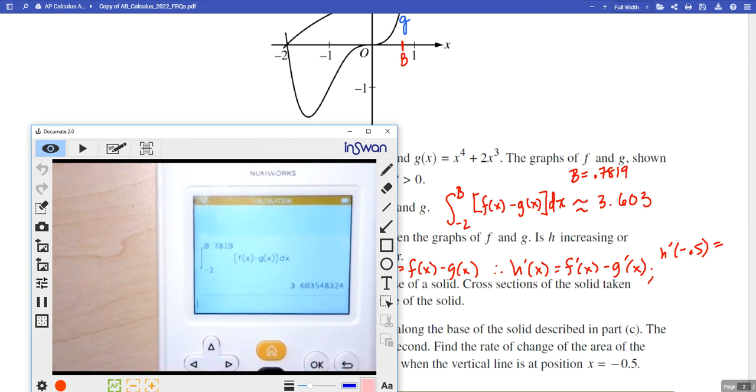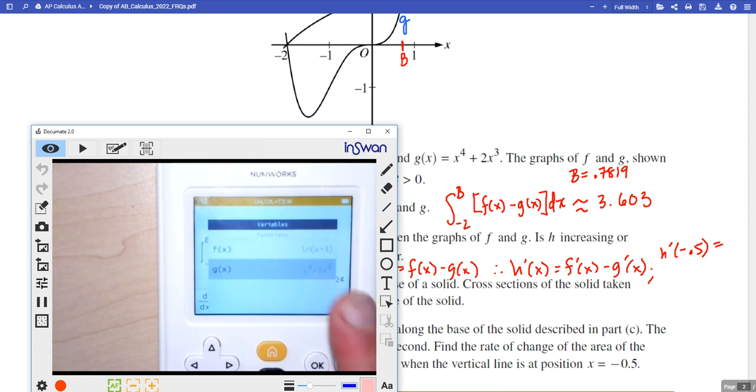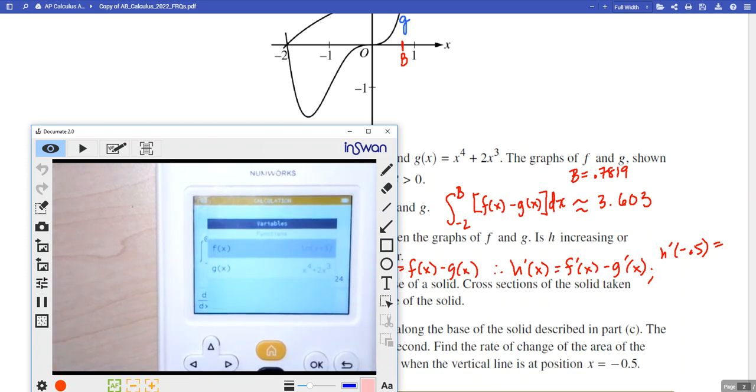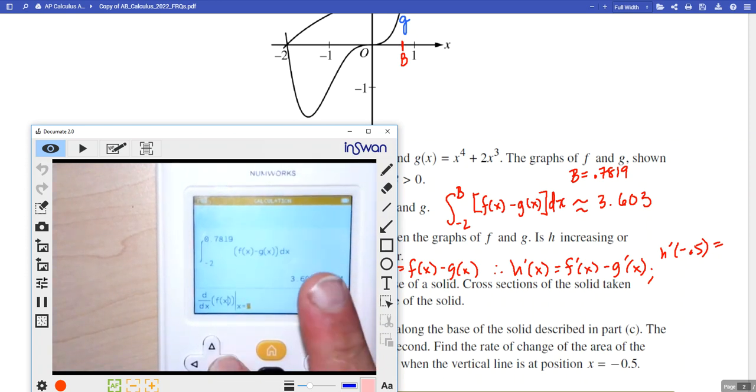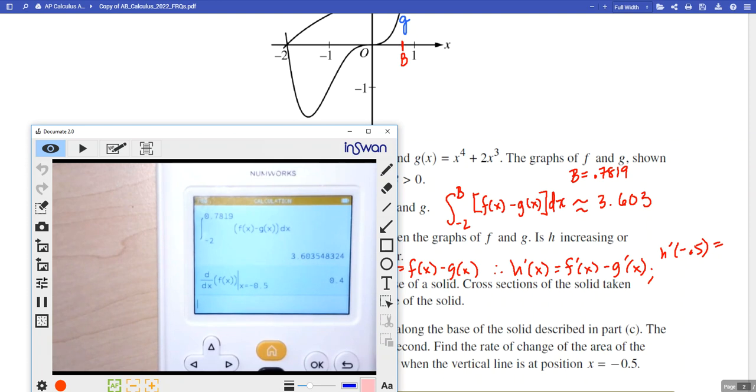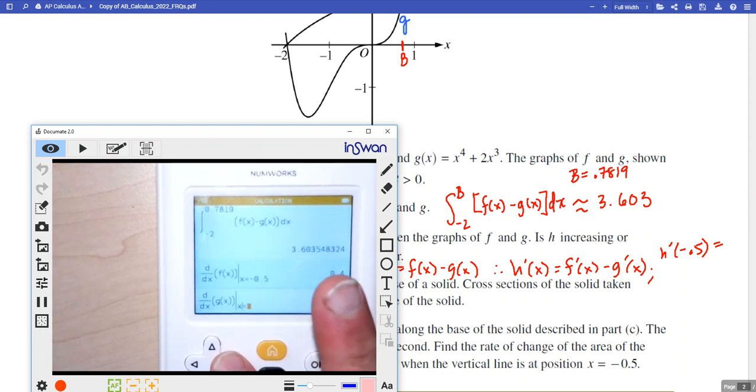How are we going to do that with our calculator? We can see that it's f prime minus g prime. So I'm going to calculate a derivative: the derivative of f of x calculated at negative 0.5, and the derivative of g of x calculated also at negative 0.5.